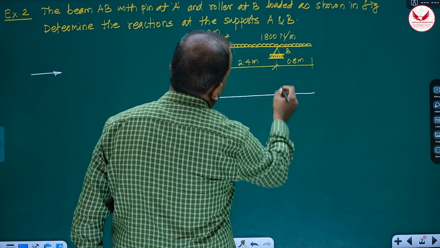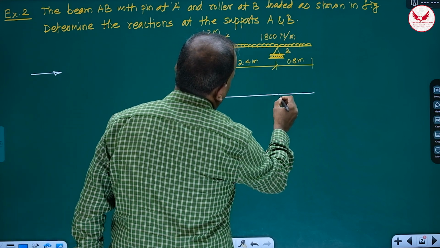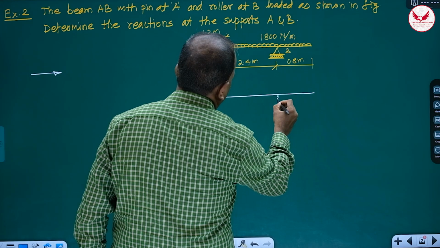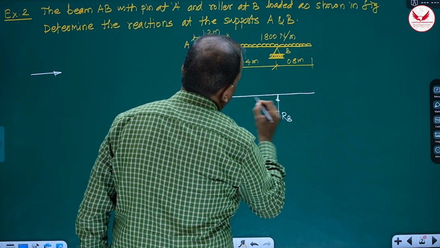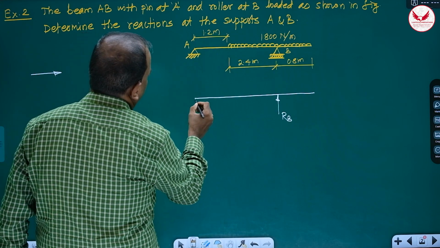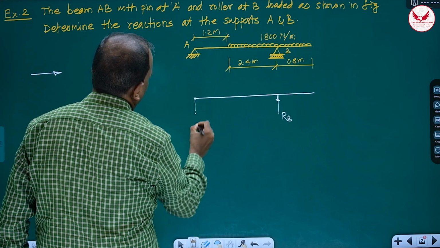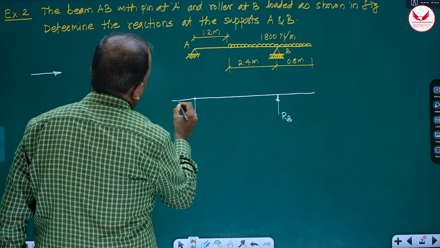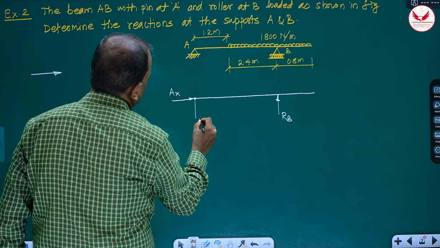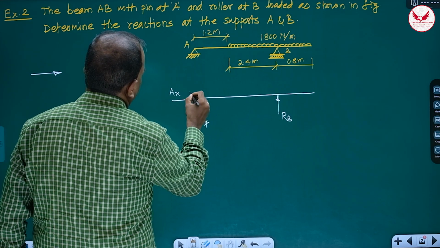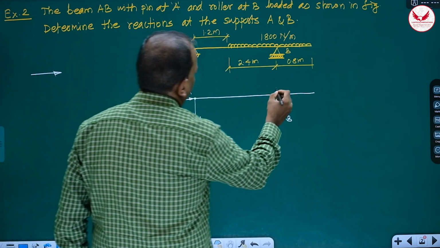Whatever this support is at B, it is the roller, means we get the reaction perpendicular to it, RB. And at A, it is going to be AX and AY. So it's A and it is B.